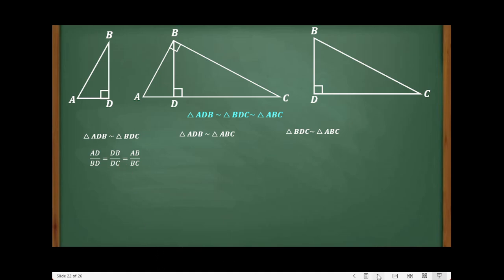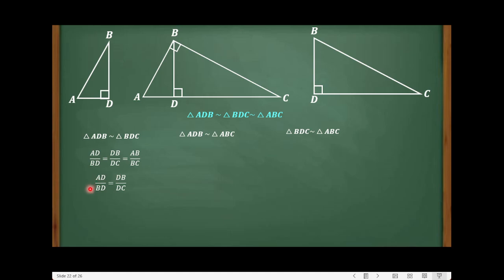Then, from this proportionality, we eliminate one of the three ratios, and that is the third ratio. Why did we do that? Simply because the two remaining ratios have a common term, and that is segment BD, and the third ratio has no presence of segment BD, so we just remove it.